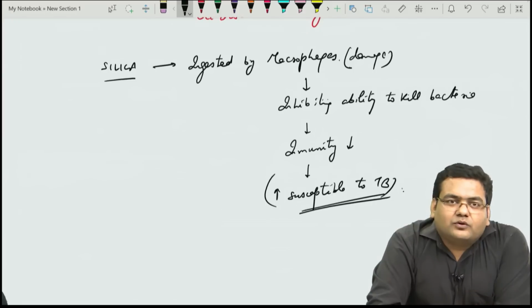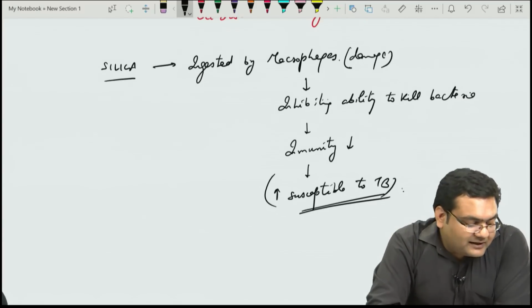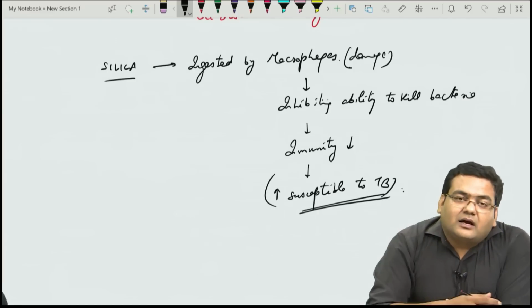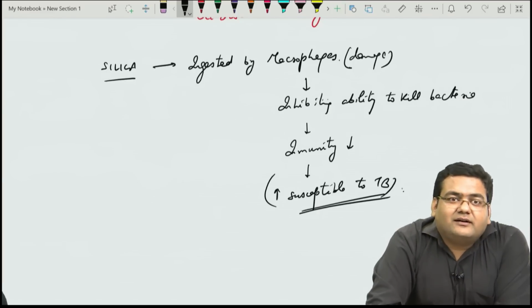So it was proposed that persons who are having silicosis get infected with tuberculosis, and a combined entity silicotuberculosis was proposed. But in recent years, doubts have been raised on its association.